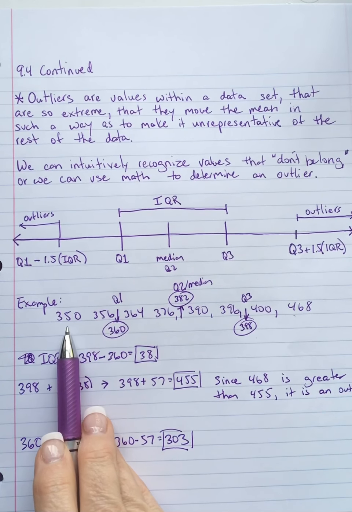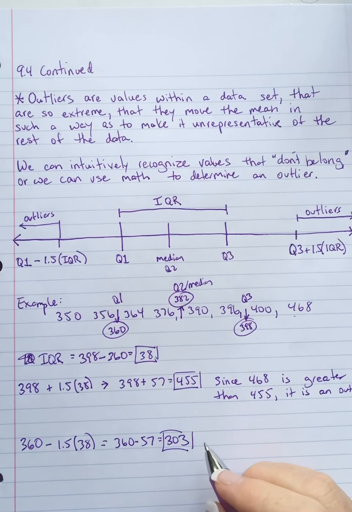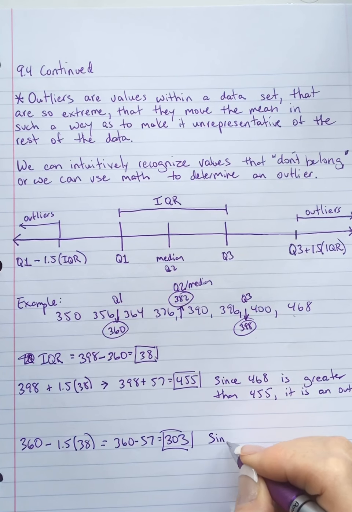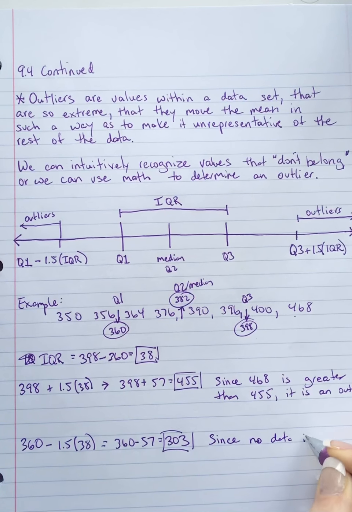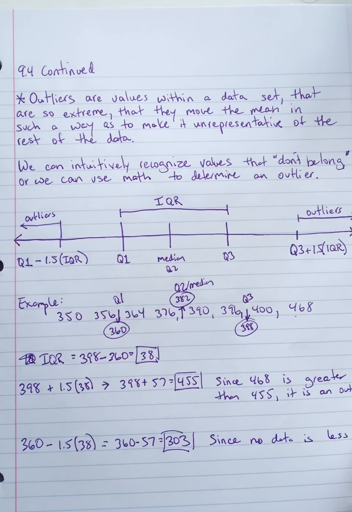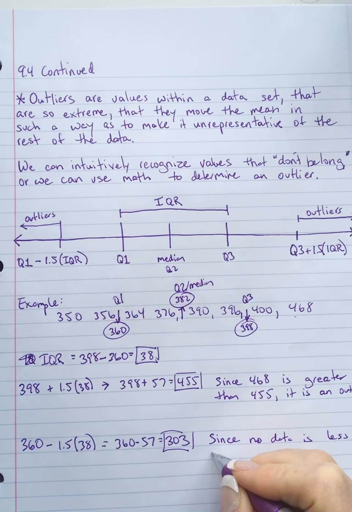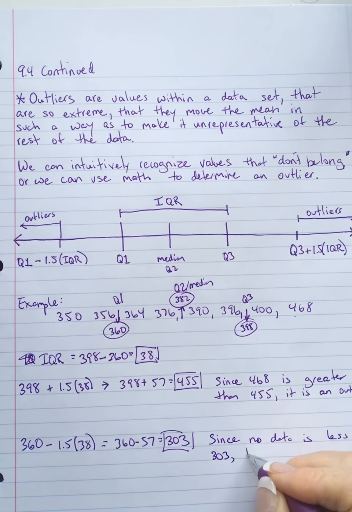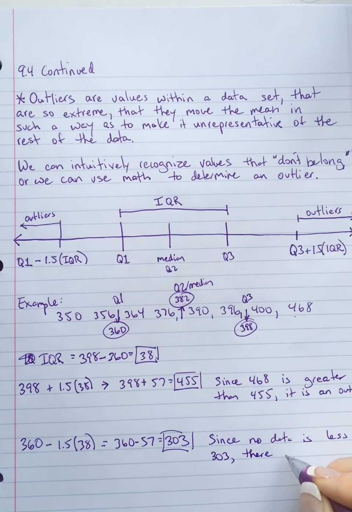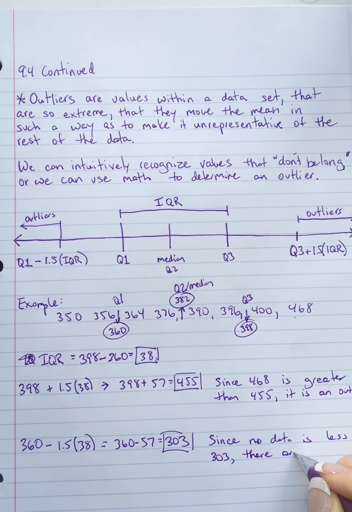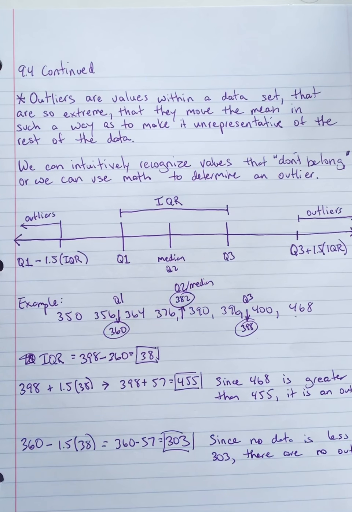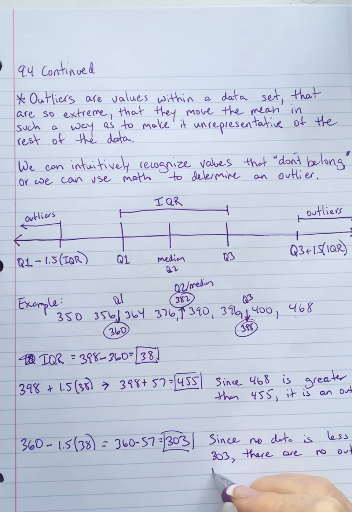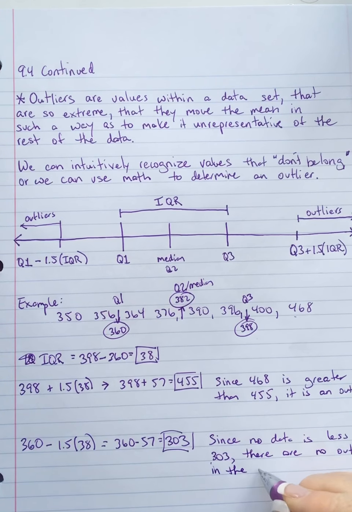All right, 350 is definitely not less than 303, since no data is less than 303. There are no outliers in the lower half.